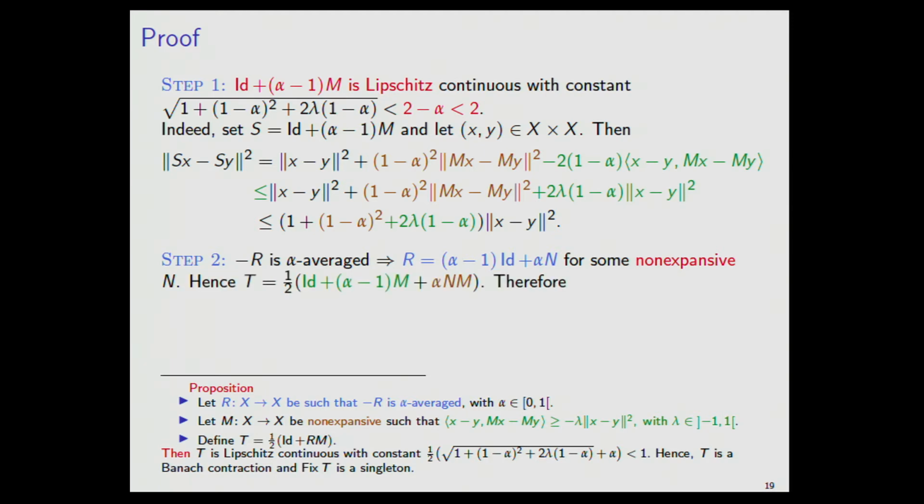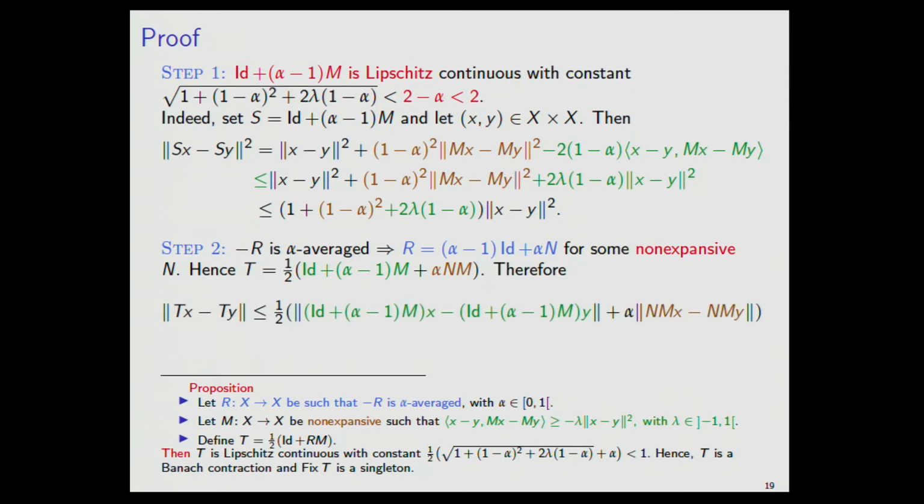So part 2, we use this to rewrite T in terms of M and N, and we look at this. Now, this is less than or equal. This is just the triangle inequality applied to Tx and Ty, and using this. That's the 1/2.